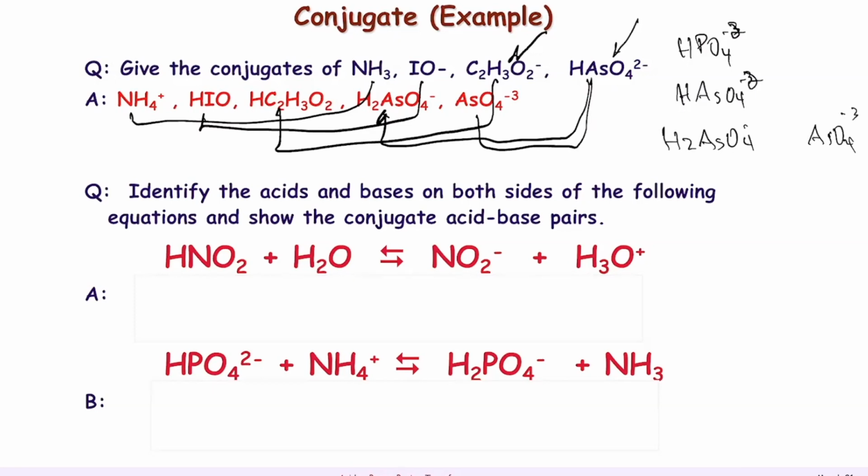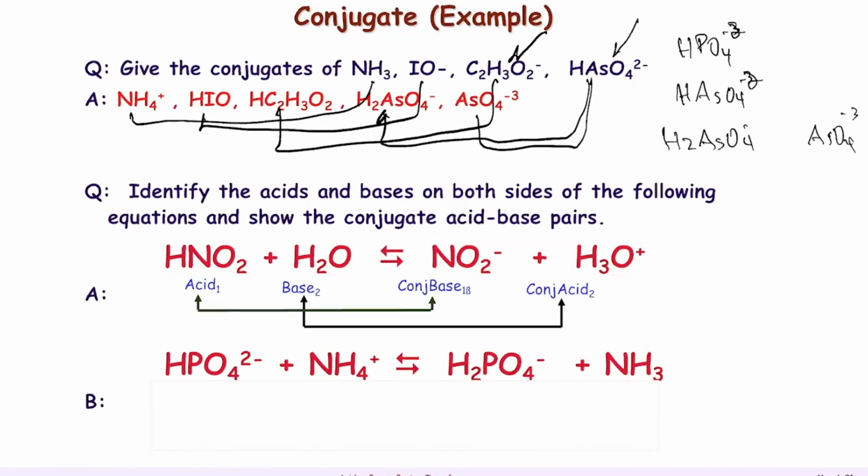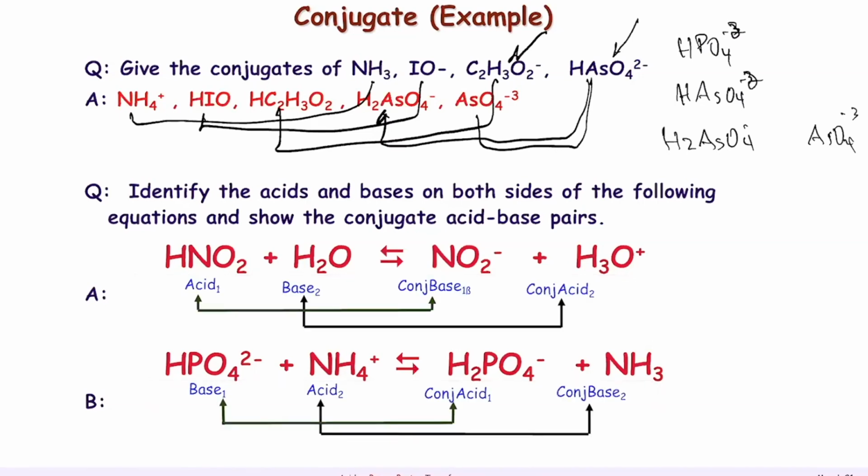Those are not conjugate pairs, and the reason is that they differ by more than one hydrogen. Conjugate pairs always differ by only one hydrogen, and you can recognize that. Anyway, these are just more examples of that.